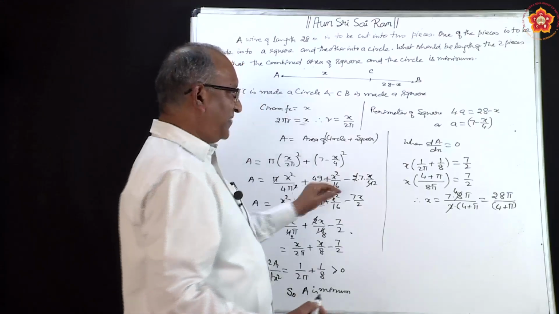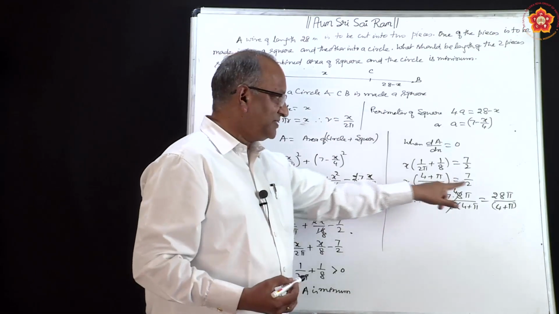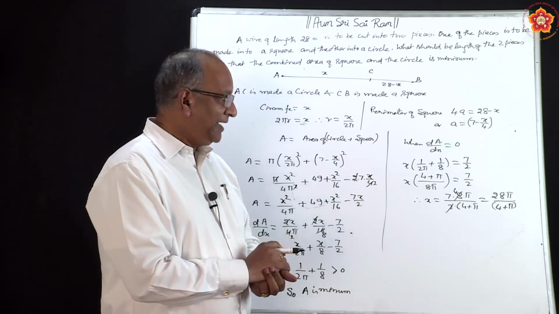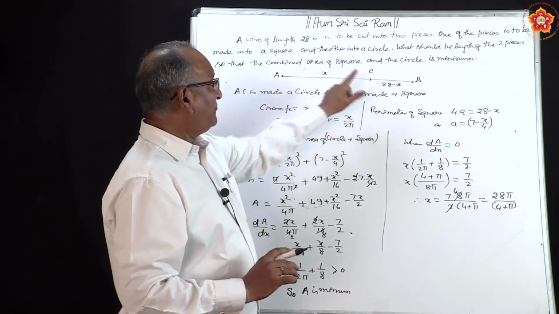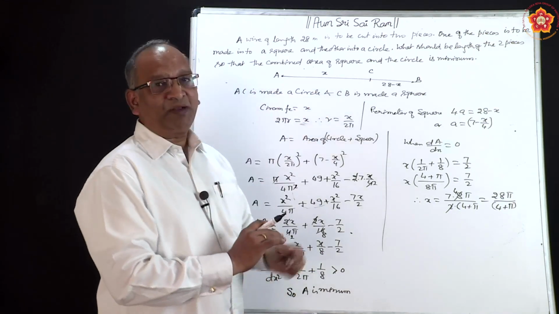This is the value of x. The value of x is 28 pi by 4 plus pi. So the value of x means what we have used for making the circle.